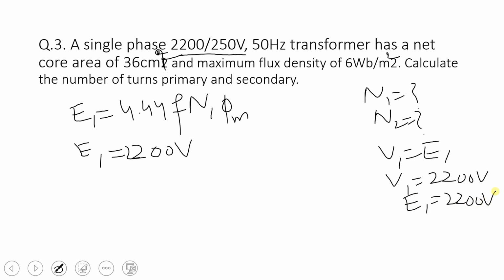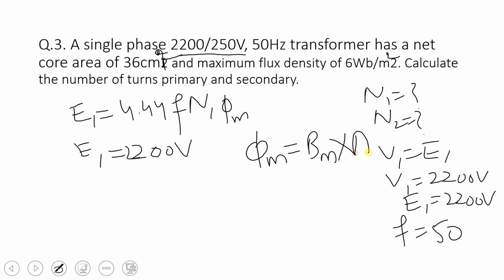Similarly, frequency is given to us: 50 hertz. Then we know that phi m is equal to Bm into A, where Bm is the flux density and A is the area. So maximum core flux is equal to maximum flux density into area.